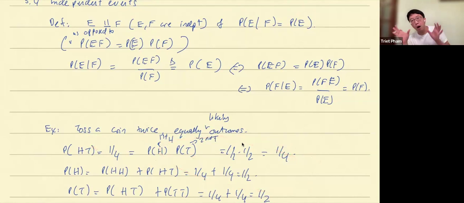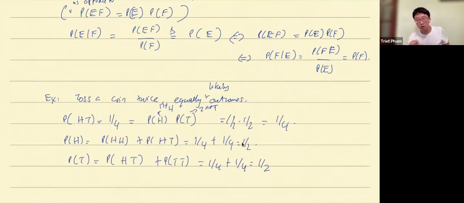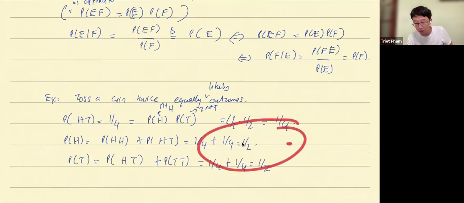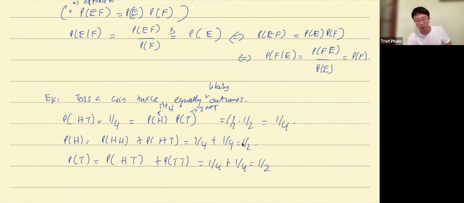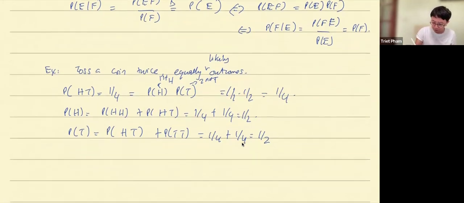It's not because, oh, obviously the coin tosses are independent. You understand what I'm trying to say? So independence here is a consequence of the equally likely outcome assumption.